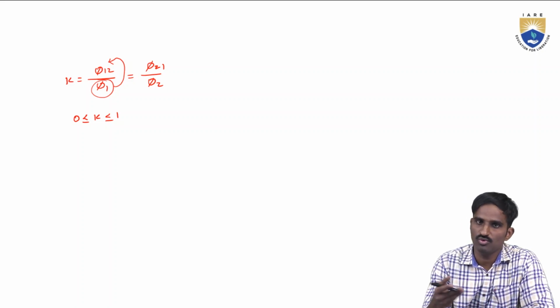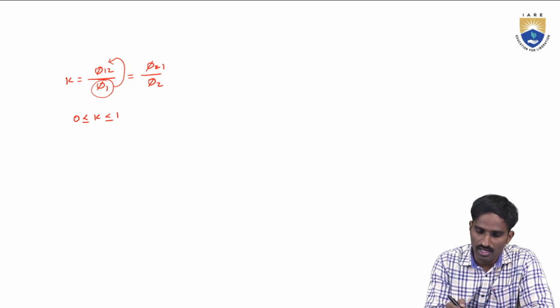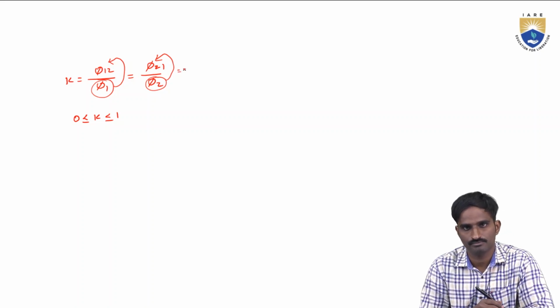In that case you get the same voltage, so V1 is equal to V2. In the second case also, whatever field is produced in coil 2 is linking with coil 1, then phi 2 1 becomes phi 2, and again you get 1.